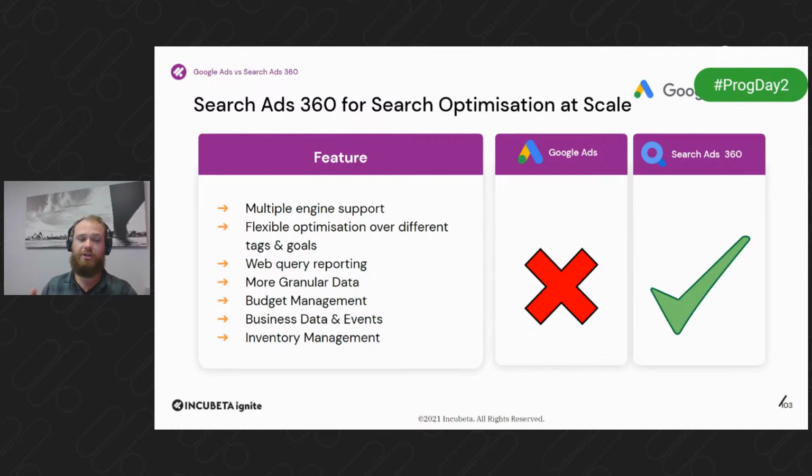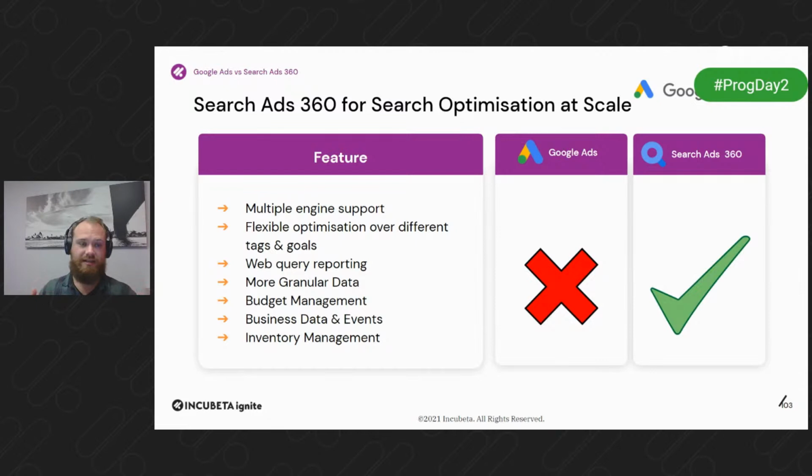You're able to draw a web query and use that for automated reporting in other systems. Super granular data compared to Google Ads. There are budget management features which Google Ads does not allow for. Google Ads has its own budgeting systems which are maybe less granularly controllable than SA360.